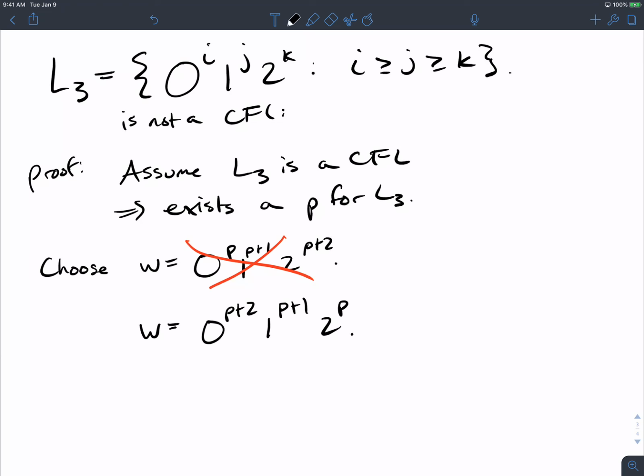Well, how many zeros will I remove then, at least? Can I remove no zeros at all? If I take, no, I must remove at least 1 0. But could it be exactly 1 0 removed? Yeah. So one decomposition could be where V is empty and Y is a single 0. So if I try to pump out, then that's not going to get me out of the language.